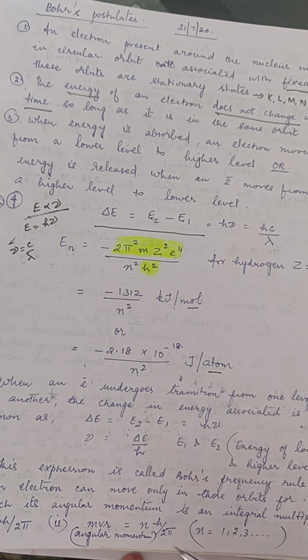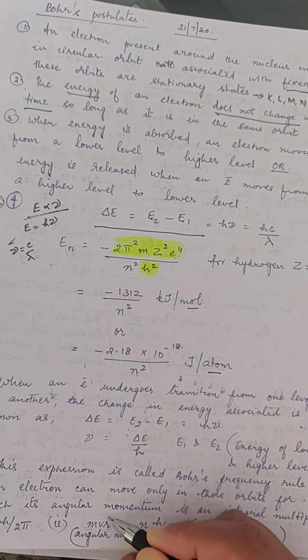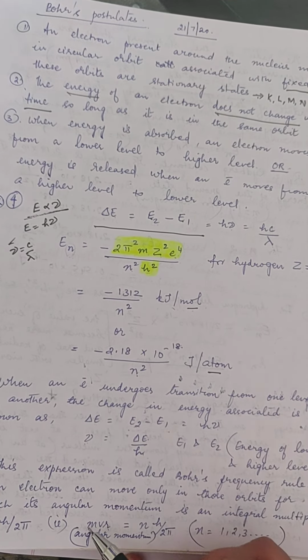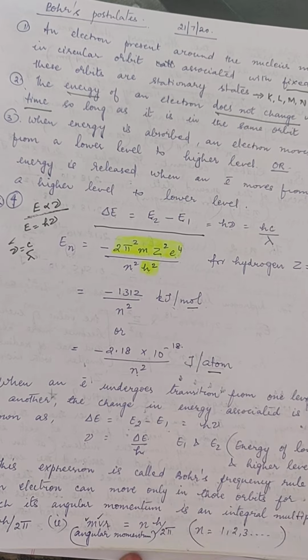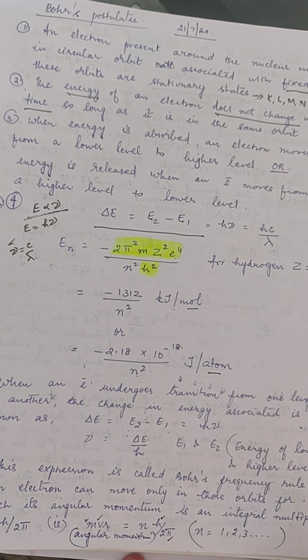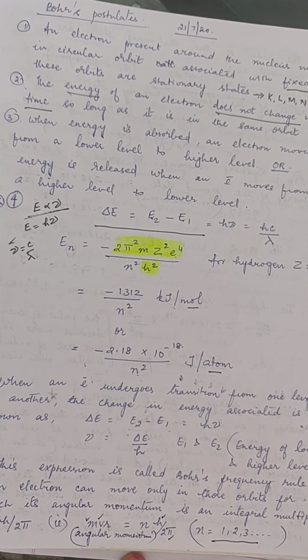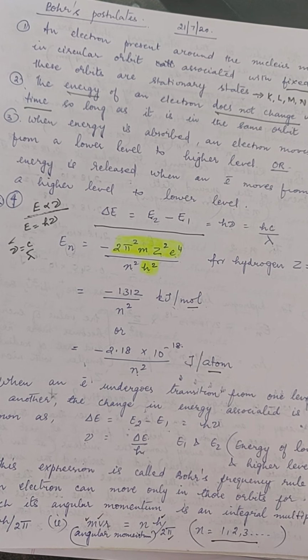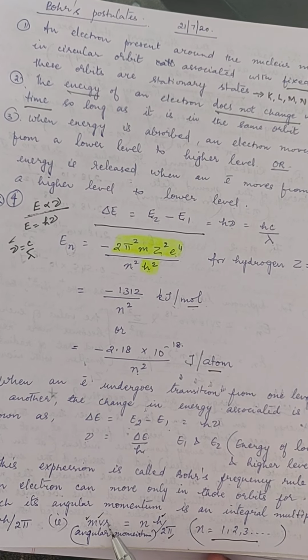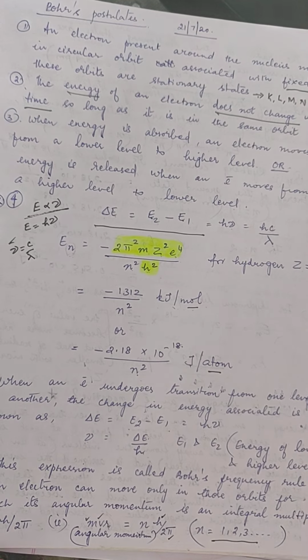So corresponding to the distance, that is r, you will get a fixed value for n. See, m is a constant, v is a constant, h is a constant, 2 pi is a constant. So the value of n, which has to be in the form of integers, say 1, 2, 3, etc., will decide what is the radius of the orbit. If this n has to be either 1 or 2 or 3, correspondingly the radius of the orbit will be decided.